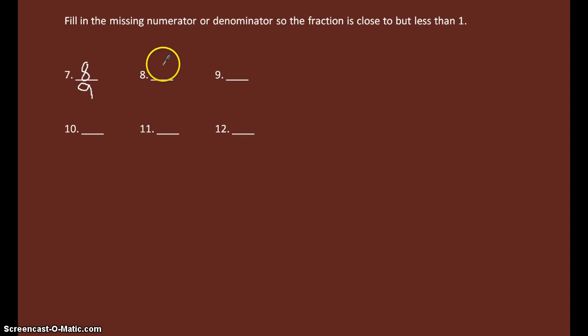Now with this one, let's say they give me the numerator 9. Now I can't put 9 here, that'll be exactly a whole, but I can add 1 to it. 9 plus 1 gives me 10, and now I have a fraction that is close to but less than 1. The rest of these, I'm just going to plug in a numerator or a denominator and let you have a chance to do this part on your own.